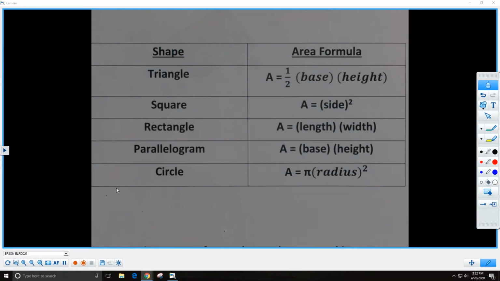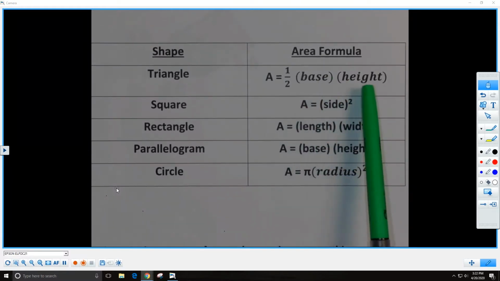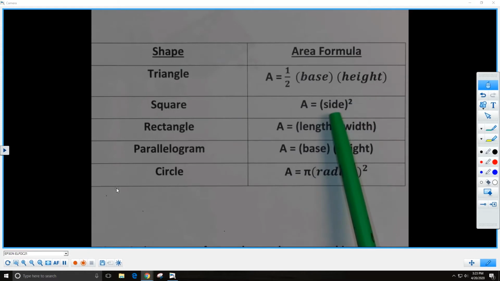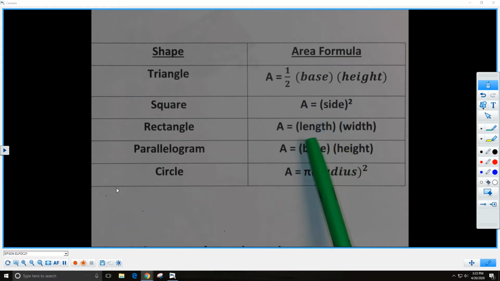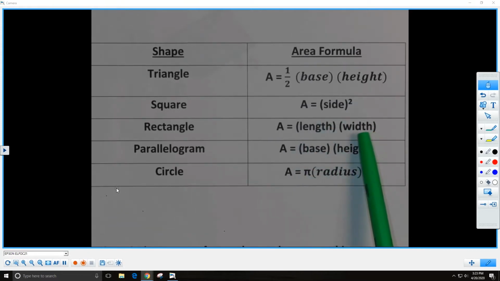Keep in mind that as we've used these formulas before, you can use a B for base, an H for height, an S for side, an L for length, a W for width, and an R for radius. This table will be very helpful as we solve for volume of various cubes and prisms.